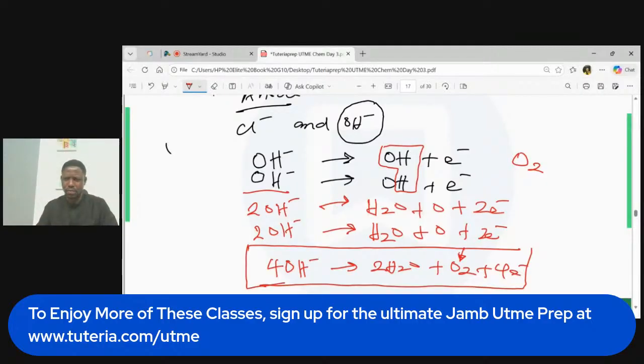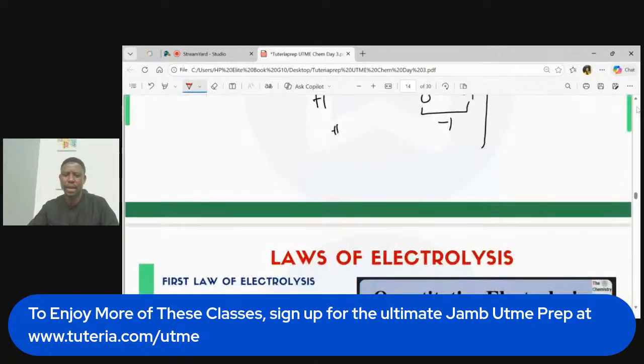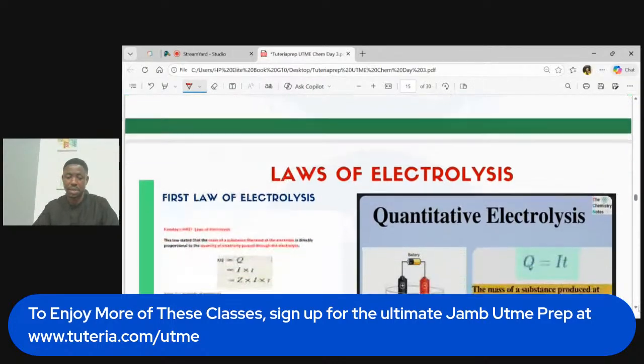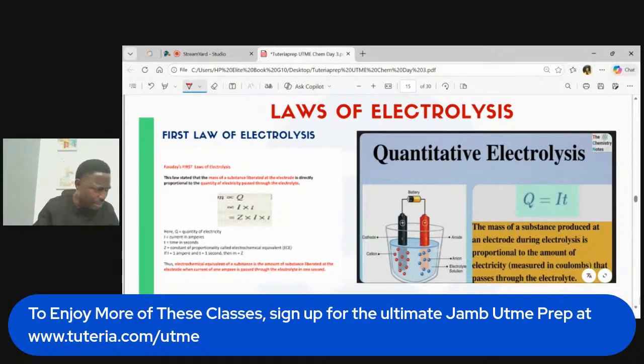So let's move straight to the calculation aspect, which is Faraday's first law of electrolysis. For electrolysis, you have just two laws as regards your chemistry syllabus. We're going to talk about the first law and quickly apply it in 10 minutes, and you'll see how simple it is.